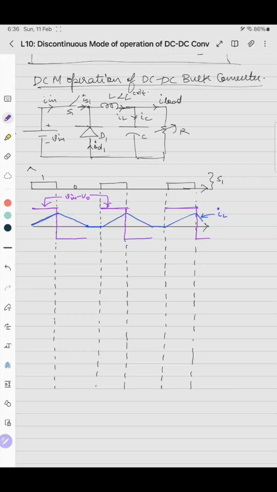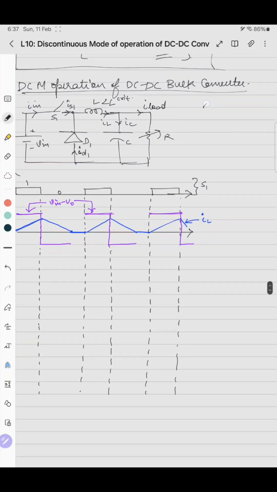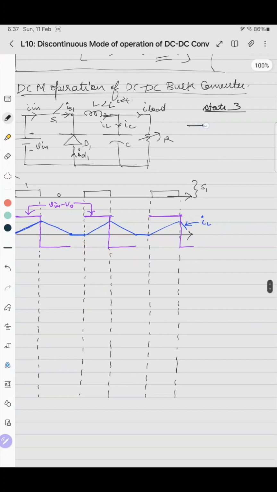And what happens when the switch as well as the diode is off? Let that be state 3. In this case IL becomes 0 because there is no path for IL to flow.